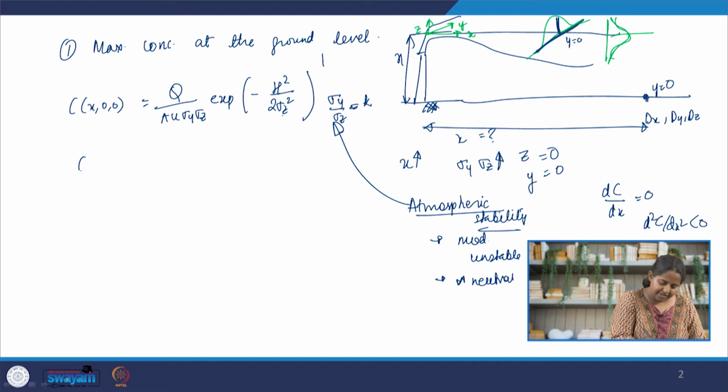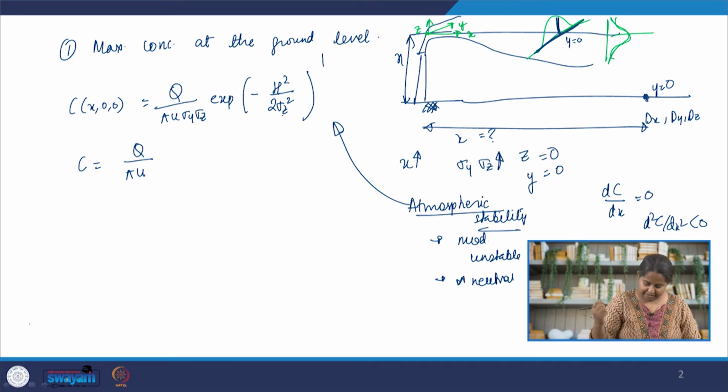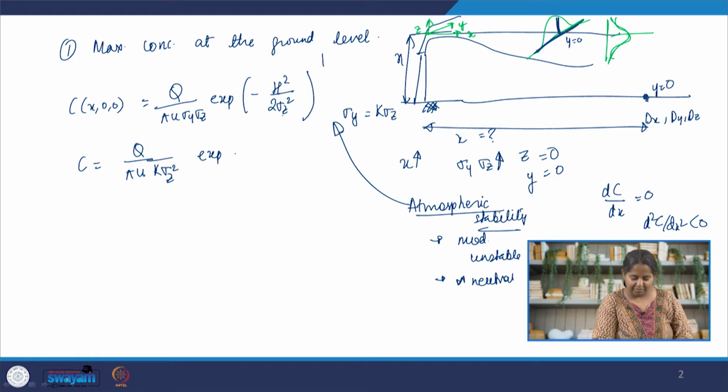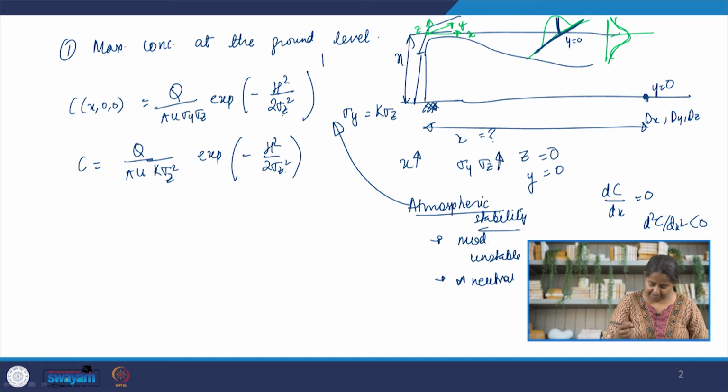So we are going to get C is equal to Q by U. Let's define a different k just to make life a little easier. Let's say sigma y is equal to capital K sigma z. So now we have capital K sigma z squared, so we get rid of the square root, and e to the power minus h squared by 2 sigma z squared. Now we can substitute the actual value of sigma z, and what we will get is this.